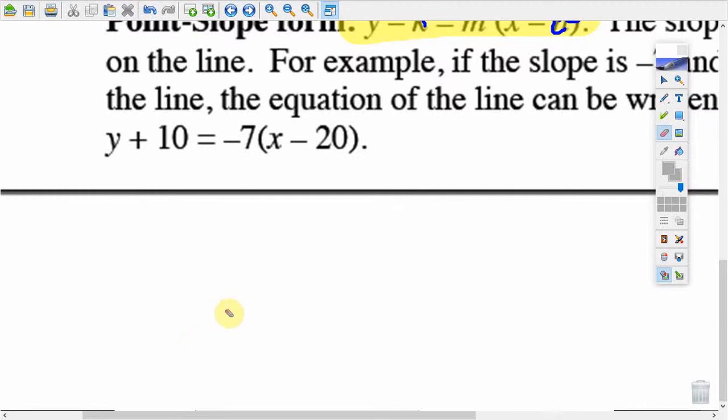Alright, let's go ahead and talk about changing forms of the equation. I'm going to start with the one that they left us off with right here. y plus 10 equals -7 times x minus 20. That's in point-slope form. If I wanted to put that into slope-intercept form, I would just distribute that negative 7.